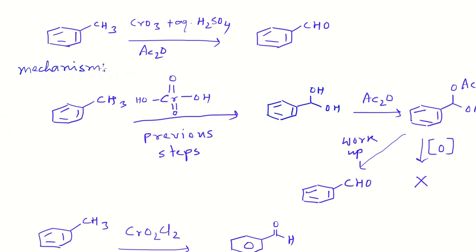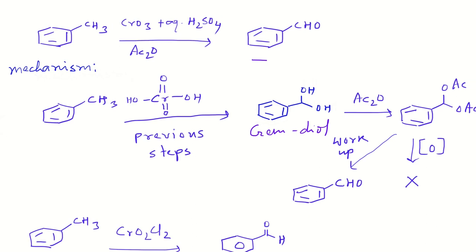So now we will discuss the controlled oxidation, that is the formation of benzaldehyde. What is the mechanism of this reaction? The first step, the aldehyde formation, will proceed via the same mechanistic pathway I have just shown. The chromic acid will attack the benzylic position, and this geminal diol will form. After that, these two OH groups will be protected via their reaction with acetic anhydride.